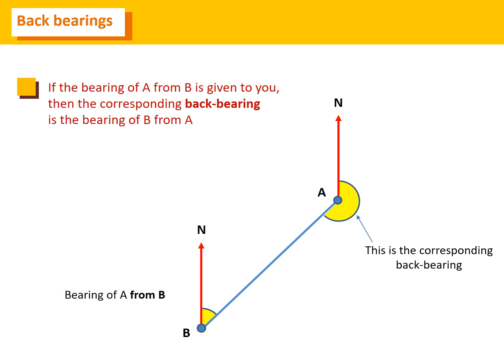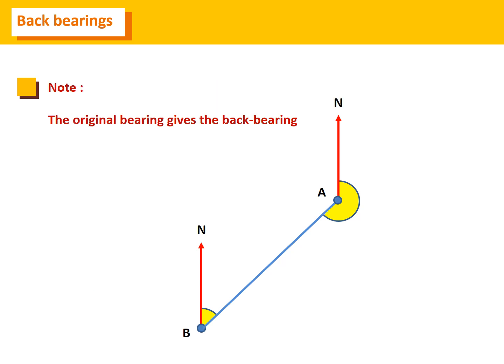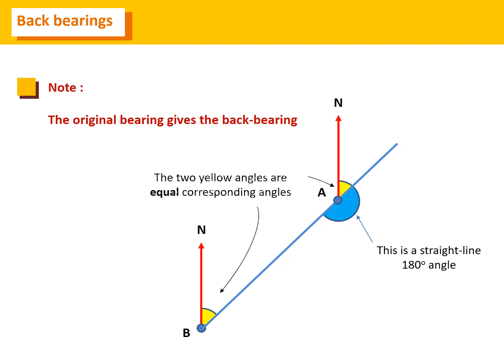The question is, what's the connection between the back bearing and the original bearing? Well, if we extend the line from B to A, we can see that part of the back bearing is just a 180-degree straight line angle. Once we've shaded that in blue, the two yellow angles we can see left are both corresponding angles because the two north lines are both parallel lines.